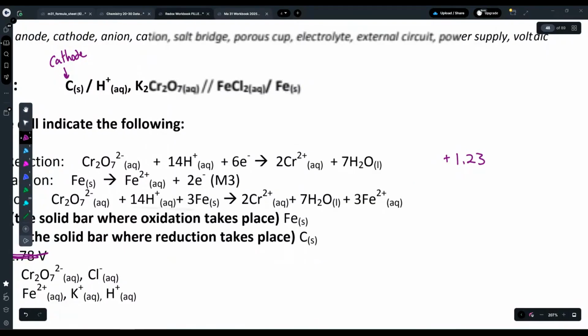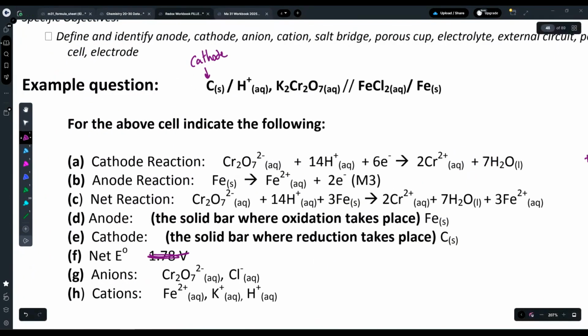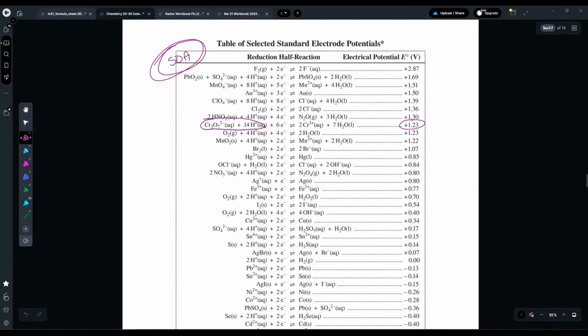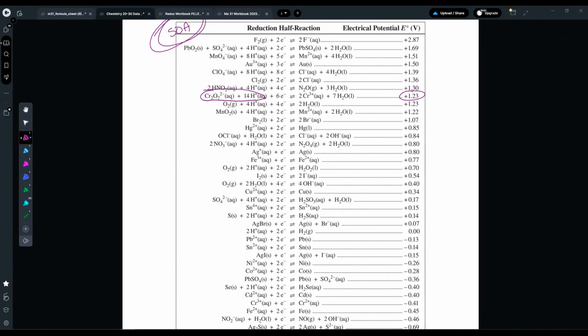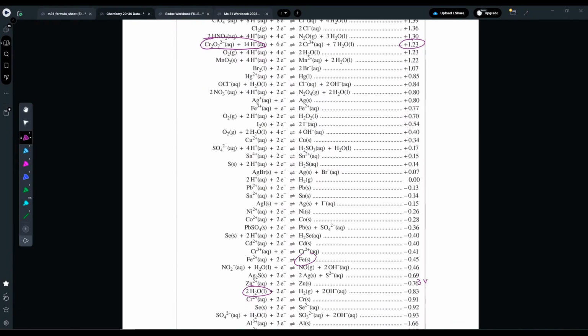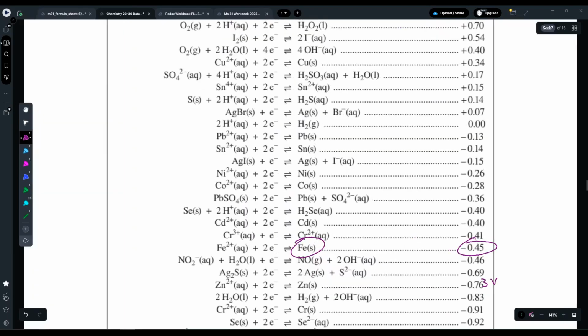Okay, but the anode reaction, that's going to be involved with our SRA. Let's just find that. So it had iron solid in it. So it's right here at negative 0.45.